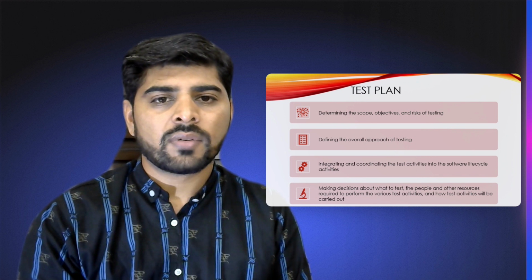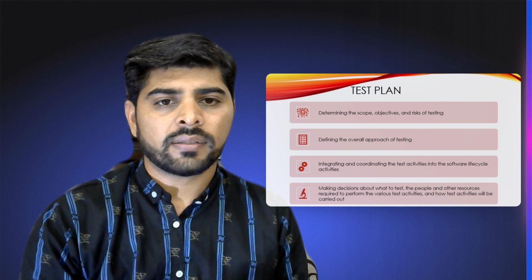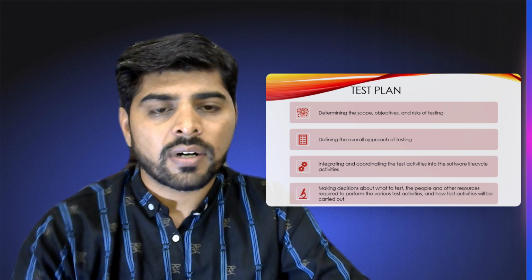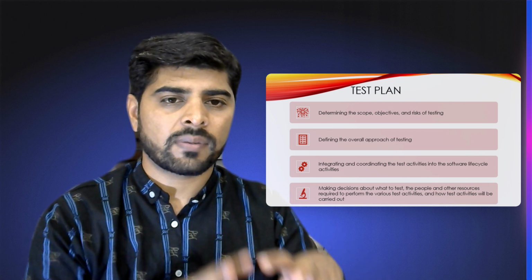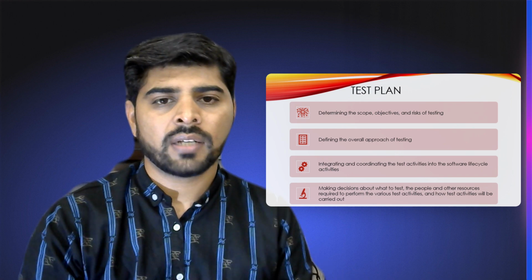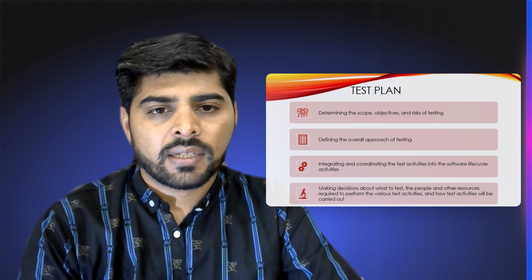In the test plan, we define the overall approach of testing, integrating and coordinating the activities throughout the software life cycle. We also define which software development life cycle is followed, and how we will plan the test plan according to that.